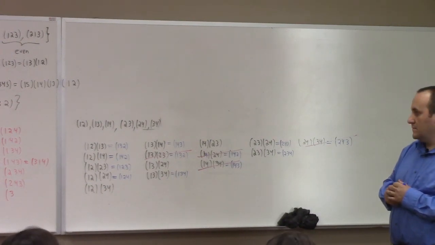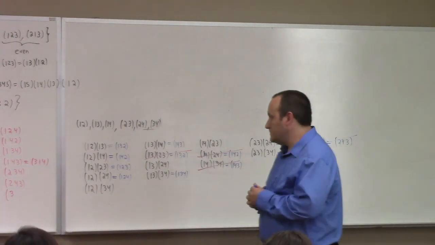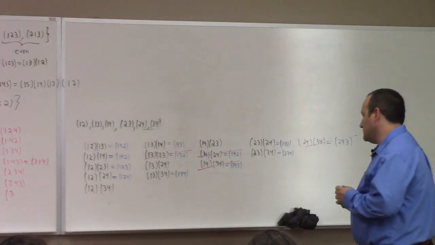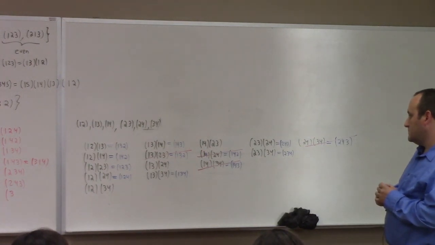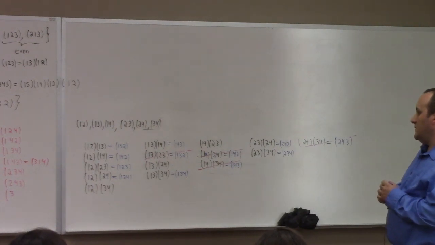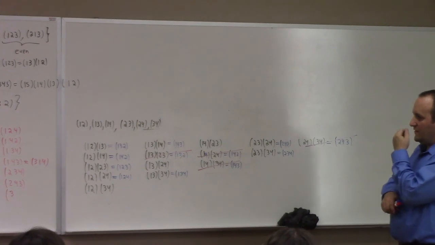A3 is a subset of A4. Yeah, A3 is a subset of A4, true. Let's hear. How many new 3 cycles do we have?